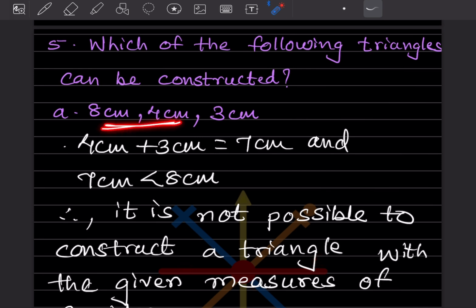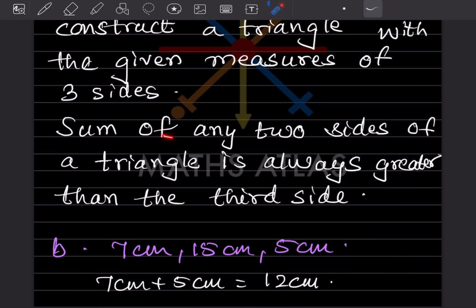Suppose we are taking this as 12. 8 plus 4 is 12, and 12 is greater than 3. So the sum of any two sides is always greater than the third side.